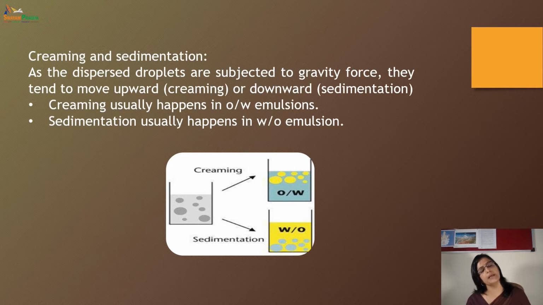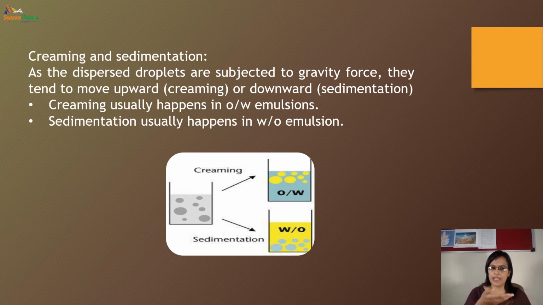Second is creaming and sedimentation. What is creaming and sedimentation? As the dispersed droplets are subjected to the gravitational force, if they tend to move upwards, this is called creaming. And if they tend to move downwards, it is called sedimentation.